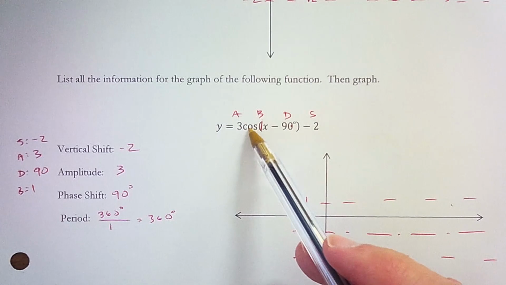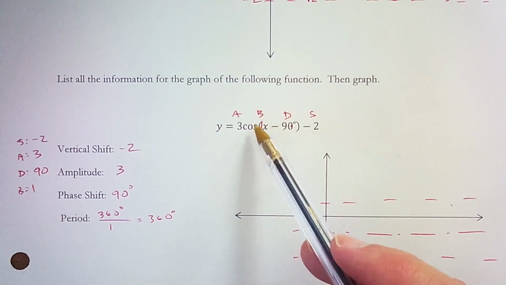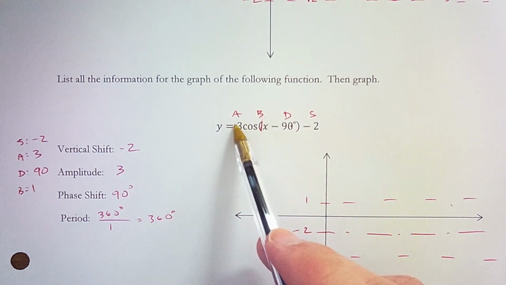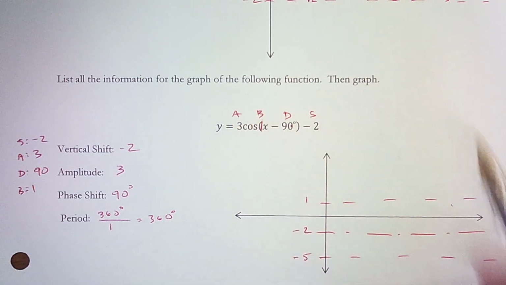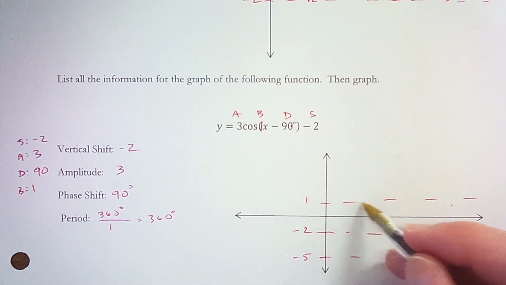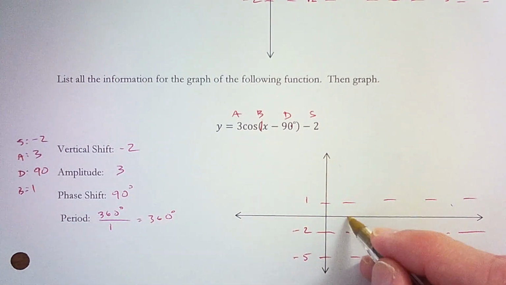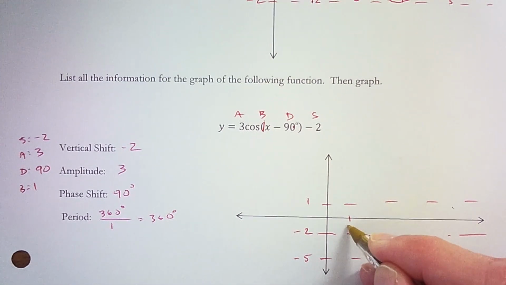So this is cosine, which means it's going to start at the max or min. The first value of cosine on the unit circle is 1, so that really just means we're starting at the max. And since it's positive, we don't flip it to the min, so we keep it at the max. So it's going to start up here on the maximum, but we have to shift 90 degrees to the right first.